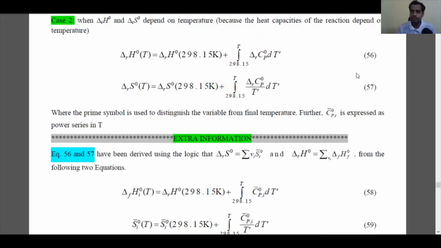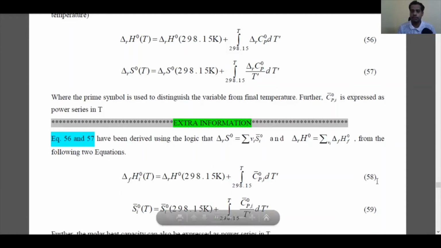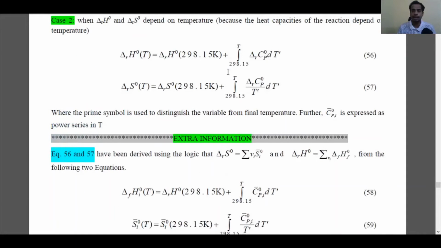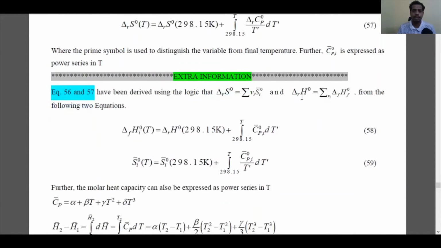So equation 56 and 57 show that, and they are derived from 58 and 59 following these two assumptions. I will not go into detail of this. These 58 and 59 are obtained in thermodynamics lectures, so I will not go into the details of 58 and 59. We will directly consider equation 56 and 57.